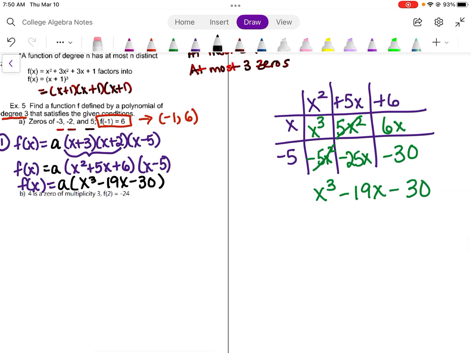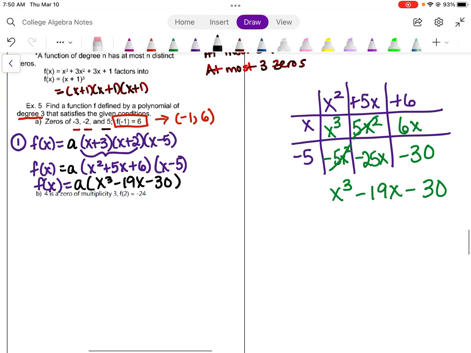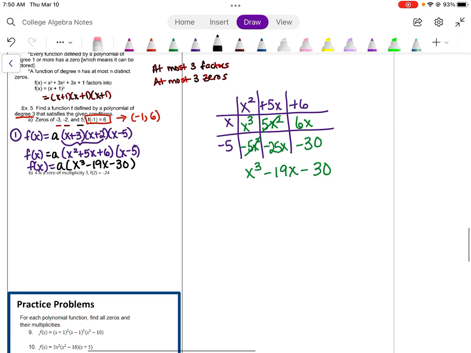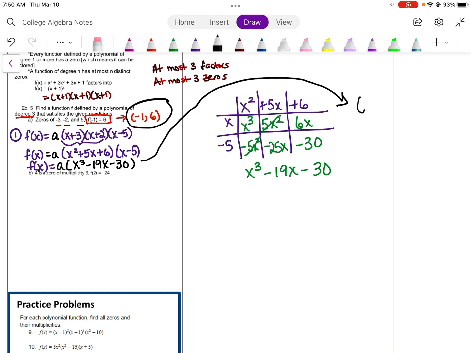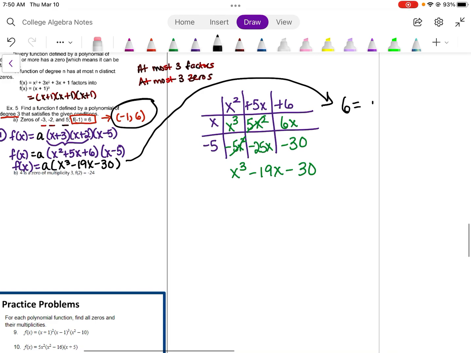What I'm going to do next is find this value for a. So I'm just going to move my work over here to my right margin, and basically what you're going to do is you're going to use this ordered pair to figure out a. It says we know y is 6 when x is negative 1. So I'm going to be putting negative 1 in for x.